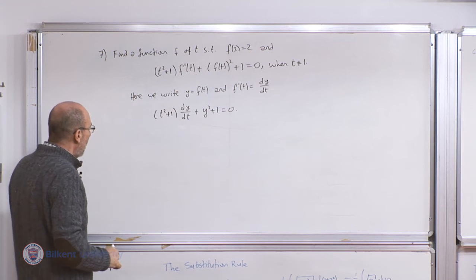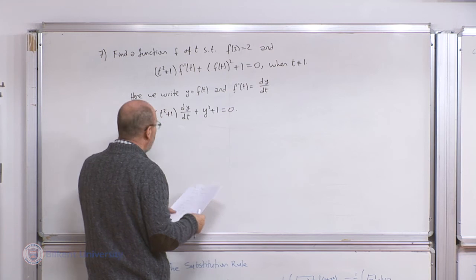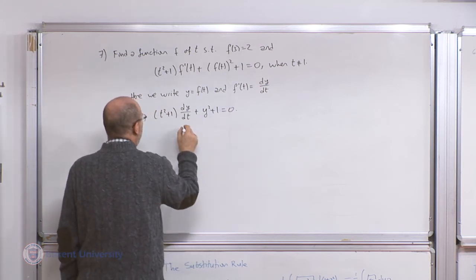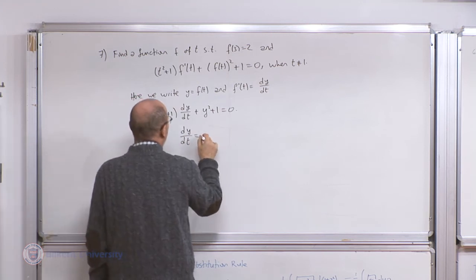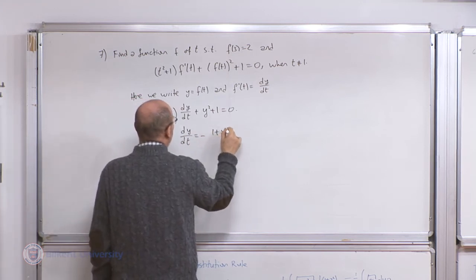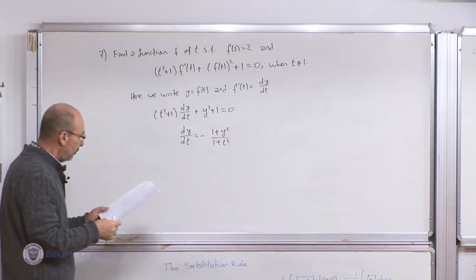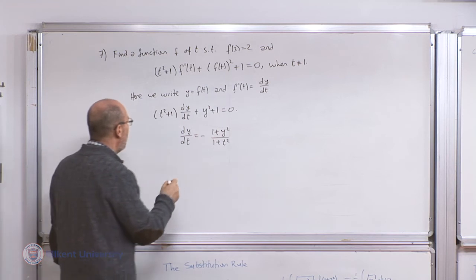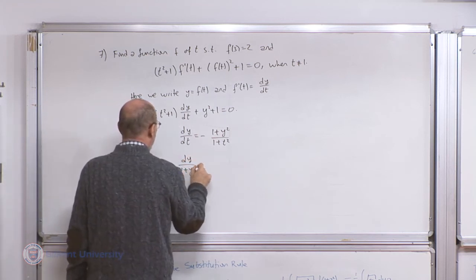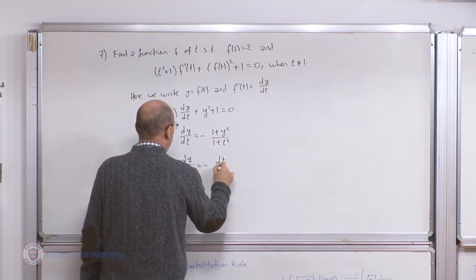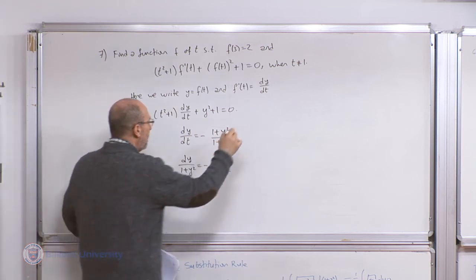So let's take this to the other side. We are trying to write dy over dt equals something. So we have minus (1 plus y squared) over (1 plus t squared), right? So from here we have dy over (1 plus y squared) equal to minus dt over (1 plus t squared). So next I integrate them.